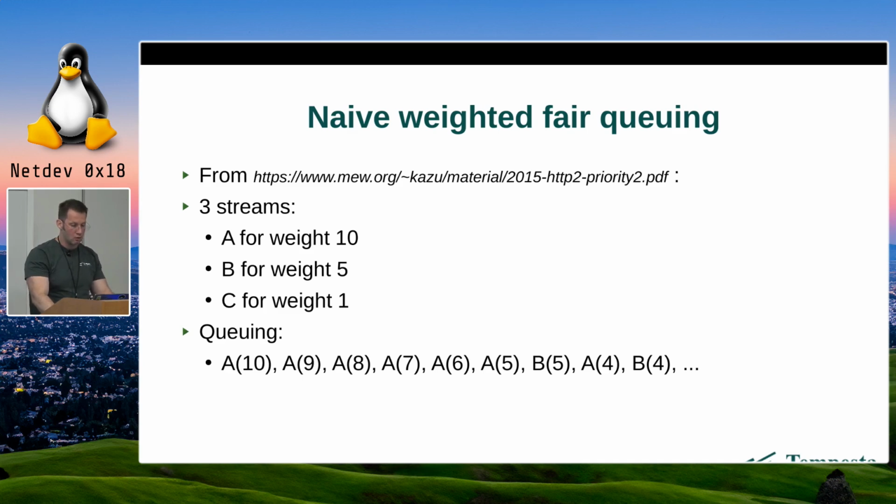Kazuho, the developer of H2O, had a good presentation about HTTP/2 stream prioritization, and he gave a good example of the naive weighted fair queuing approach. For example, we could have two streams, A with weight 10 and B with weight 5.